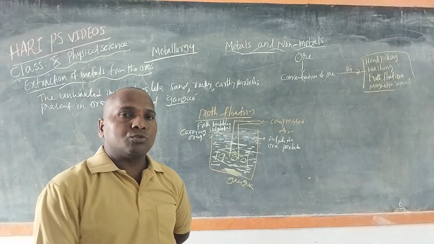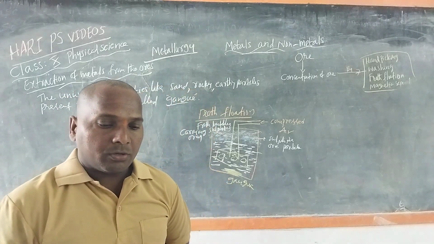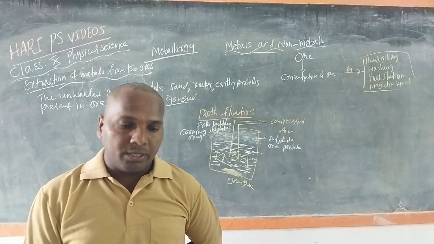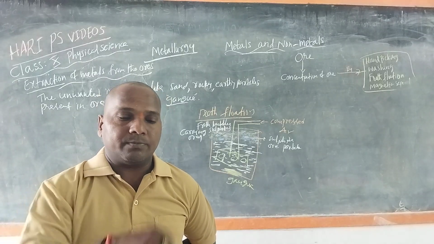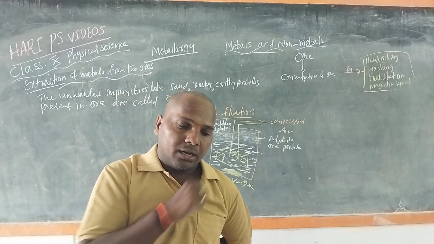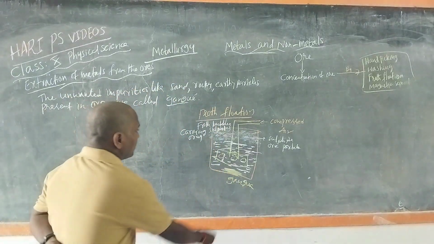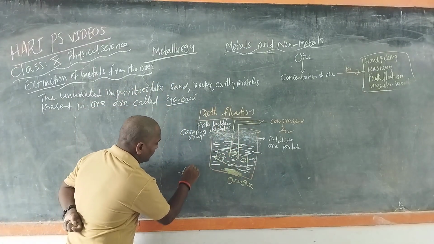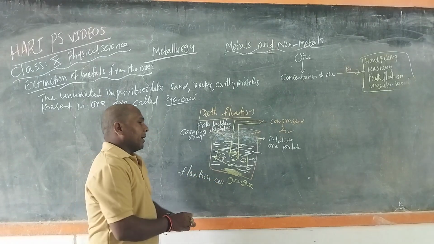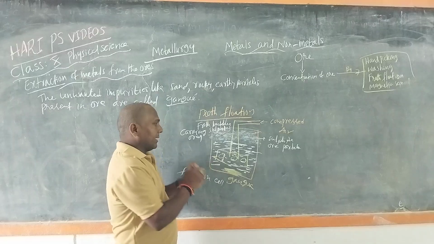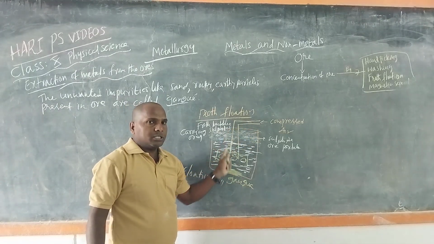This process is used for sulfide ores. The ore with impurities is finely powdered and kept in water taken in a flotation cell. So this is called a flotation cell. A fine powder of sulfide ores is kept in the water and compressed air is passed.